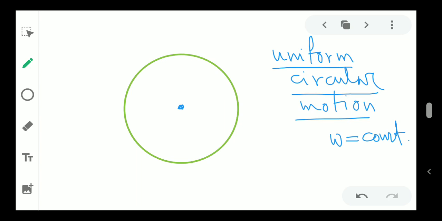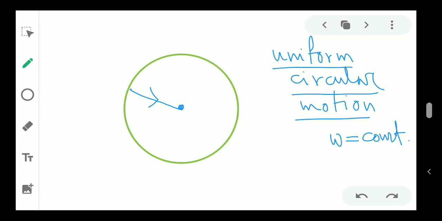What was omega? The rate of rotation, you can say, is constant, but still one kind of acceleration was working in the inward direction, always towards the center of that circle, right?